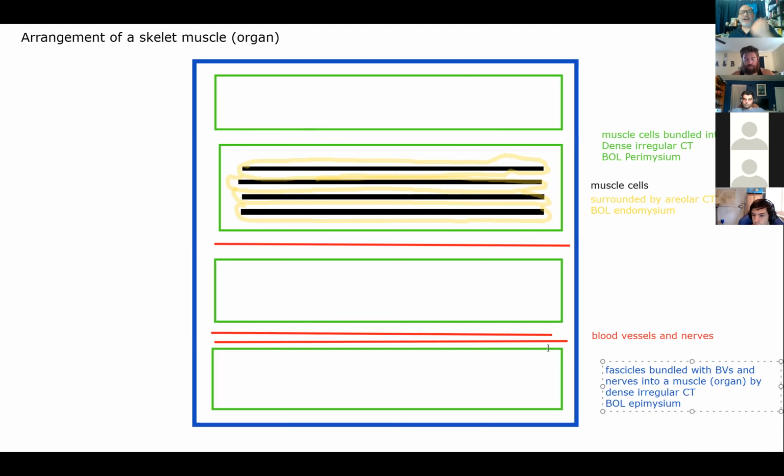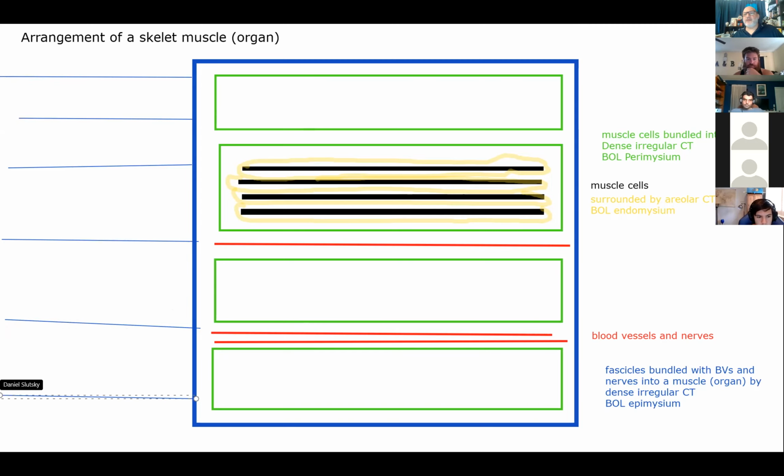And these run the entire length of the muscle cells. So we said some of these muscle cells can be as much as a foot long. But dense irregular connective tissues also have collagen fibers in them. And as it turns out, the collagen fibers from the epimysium will extend out beyond the length of the muscle cells.